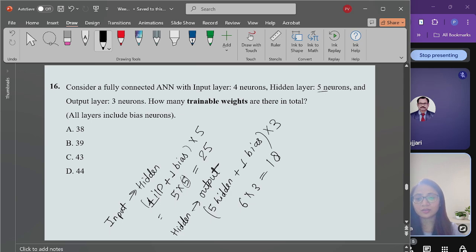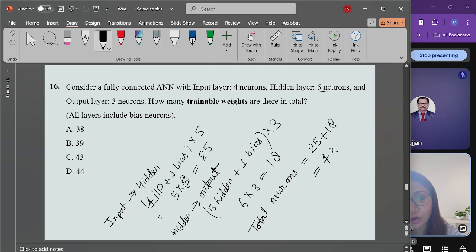Now we need to calculate the total trainable weights. In the input to hidden there is 25, and in hidden to output there is 18. If you add this, you will get 43, right?